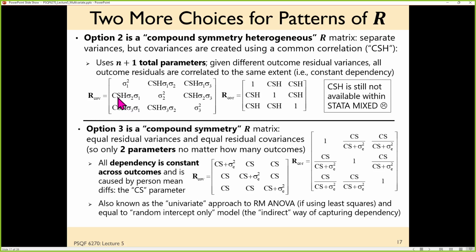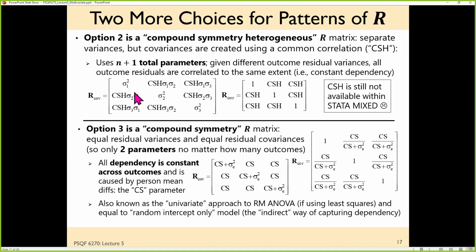It's called CSH in the output in SAS, which is where I stole this notation from. That same correlation parameter is multiplied by the standard deviations of the variables that it refers to, to create the covariance. So the covariances still differ, but the correlations that create the covariance are the same.